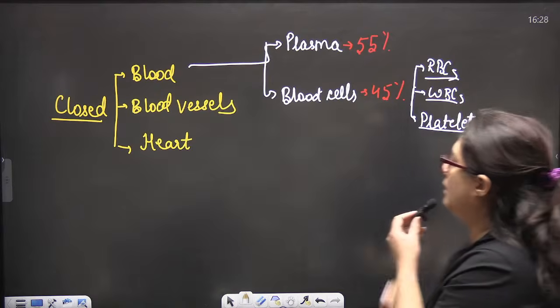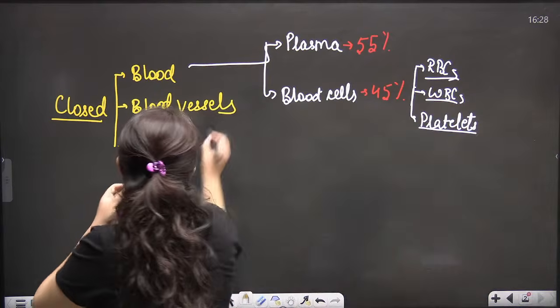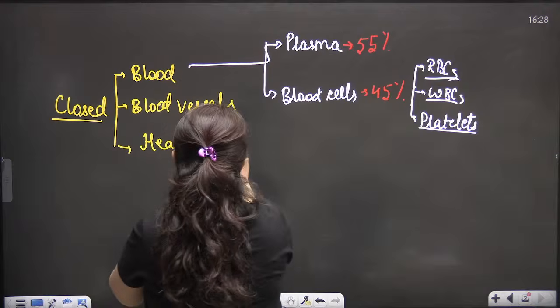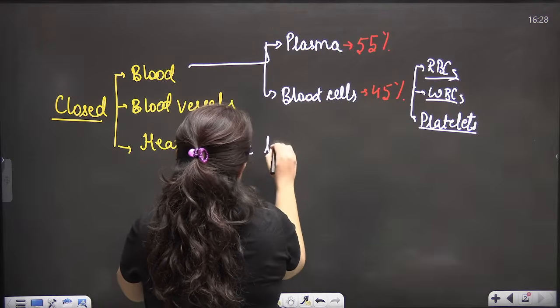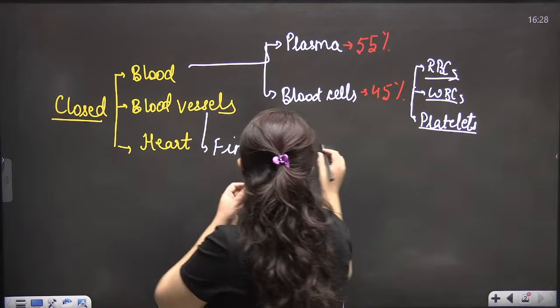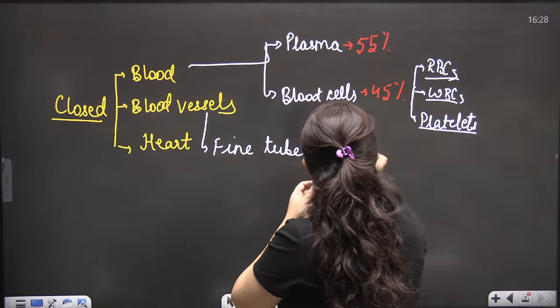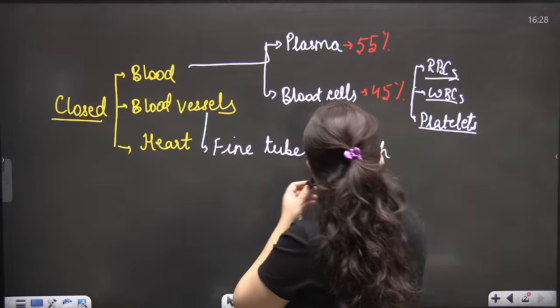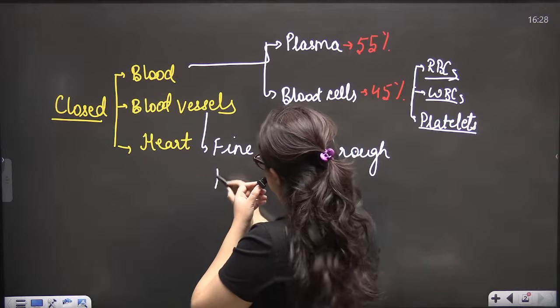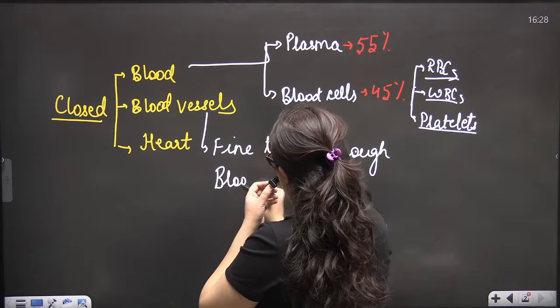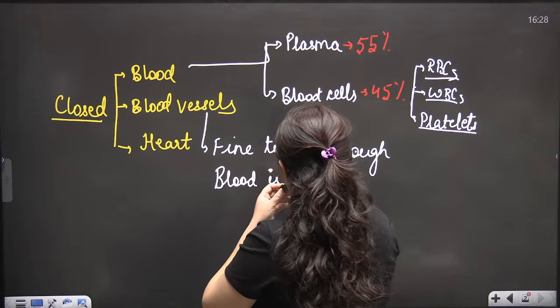Then blood vessels are the fine tubes through which blood is flowing.